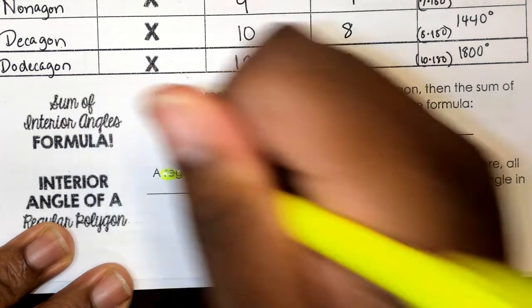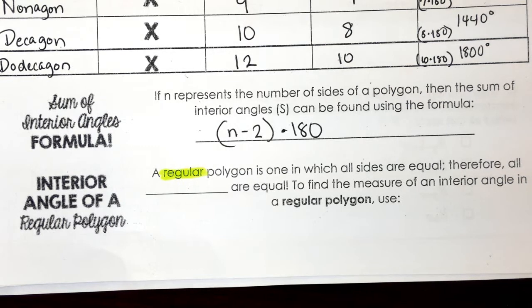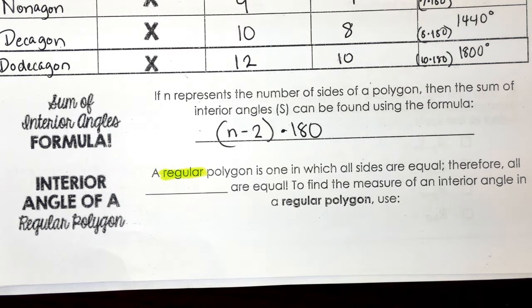The reason they have to call it regular is that it means all the sides and all the angles are equal. Basically it means if they call a figure regular, they're telling you it's equilateral and equiangular. That doesn't just go for triangles, that goes for any shape. If I call a quadrilateral, a four-sided figure, equilateral and equiangular, or I call it regular, I'm telling you basically that it's a square.